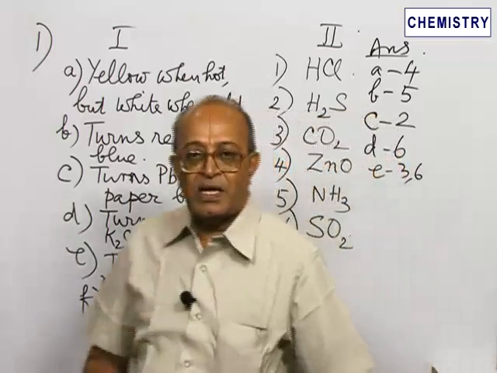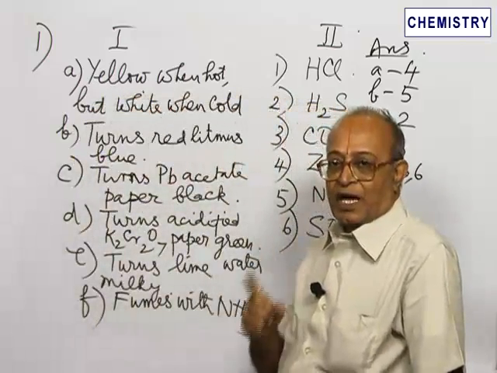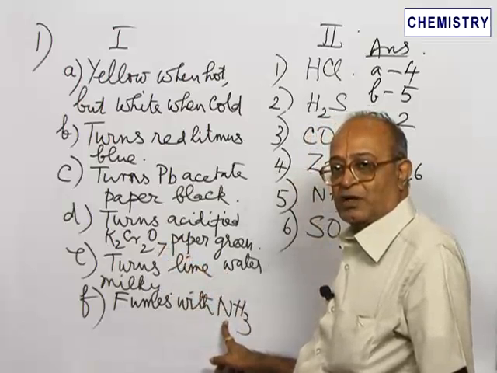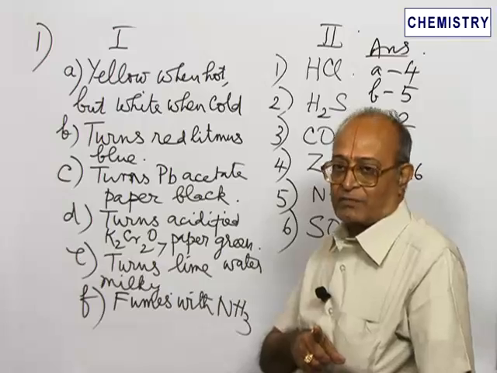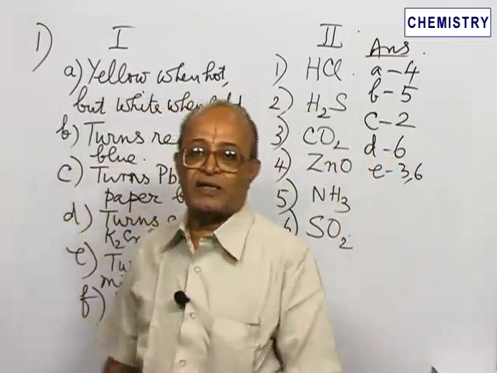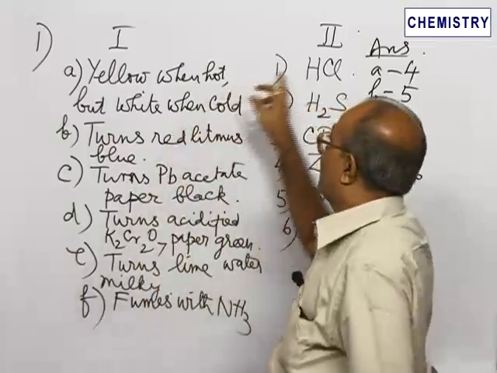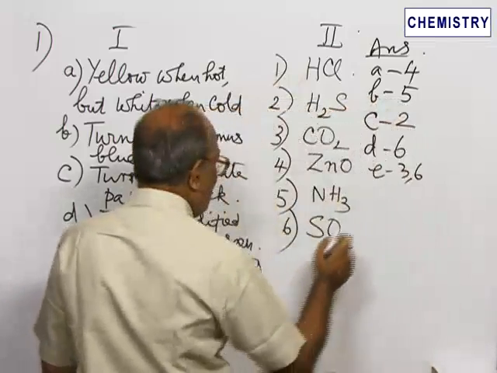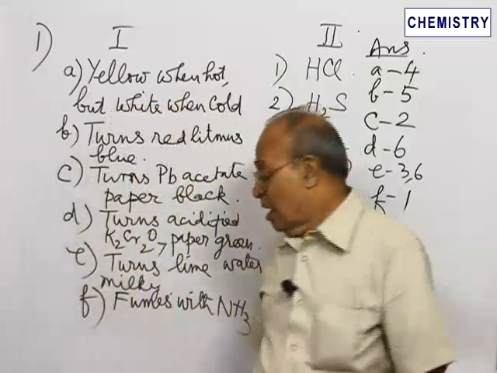HCl plus NH3 forming ammonium chloride. So the gas fuming with ammonia should be acidic in nature. Please remember, ammonia is basic in nature. So any substance which is basic in nature is capable of reacting with another substance which is acidic in character. So HCl is the acidic gas which will fume with ammonia.